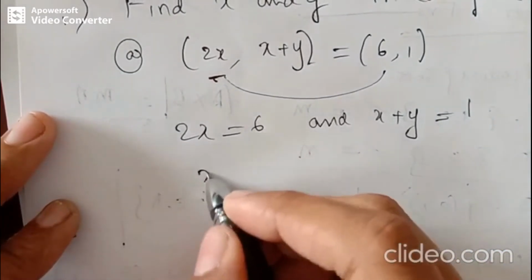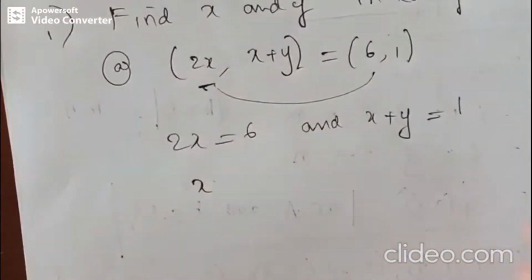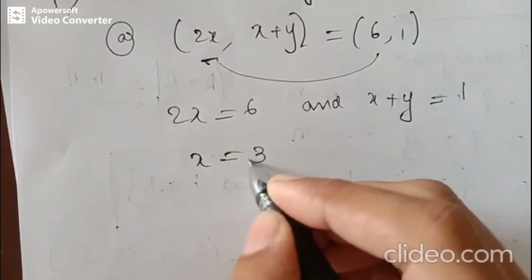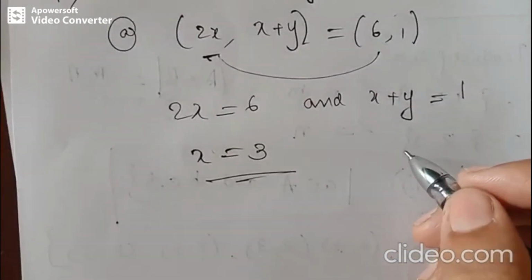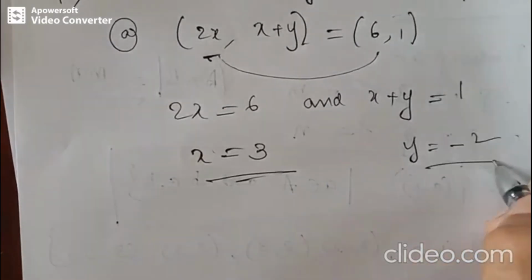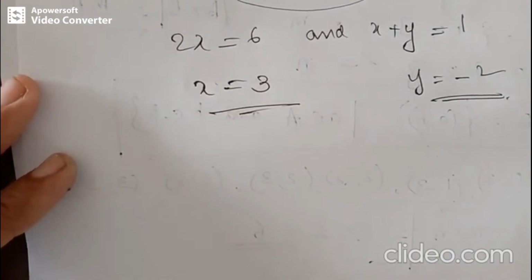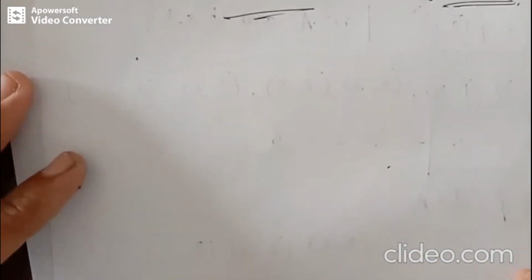So we can say x is equal to 3. When x is 3, y is minus 2. Thereby we have computed the values of x and y. So this is one such question.